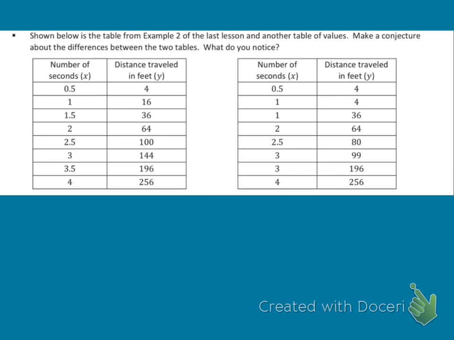So the directions here say make a conjecture about the differences between the two tables. What do you notice about the differences? They look very similar, but there's some important differences. So go ahead and pause the video, look at that, and then come back and we'll talk about it a little.